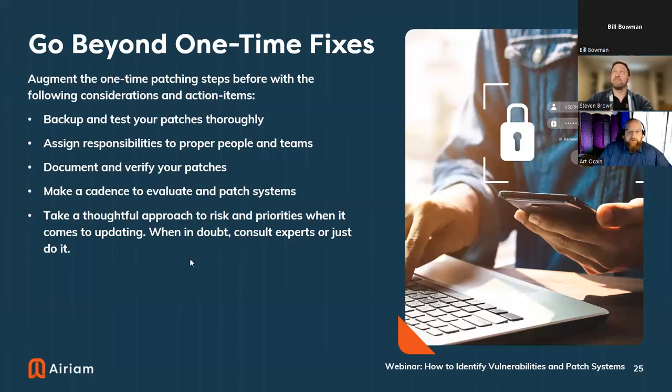Now, assign responsibilities to the proper people and teams. Document and verify your patches. Why do we want to document and verify our patches? This can be kind of a disaster if you're just willy-nilly firing patches all the time, and something goes wrong. How do you trace back and find out what patch it was? How do you find out, oh, it was this patch that we installed last Wednesday that is affecting this application that we're seeing a problem with today?